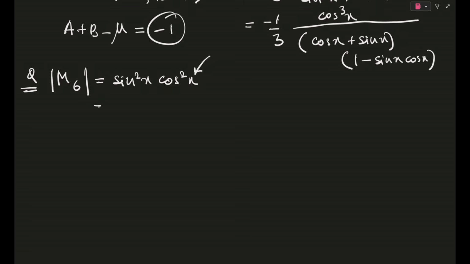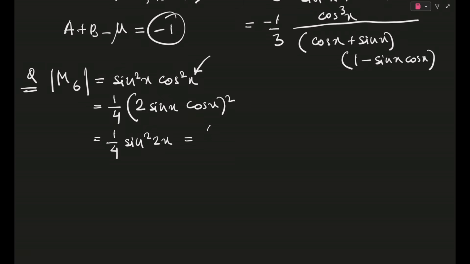First, I divide by 4 and multiply by 4 inside to make this 2 sine x cos x whole square. So actually this becomes 1 by 4 sine square 2x. And sine square 2x can be written as 1 minus cos 4x by 2. So this is 1 by 8 and this is 1 minus cos 4x.